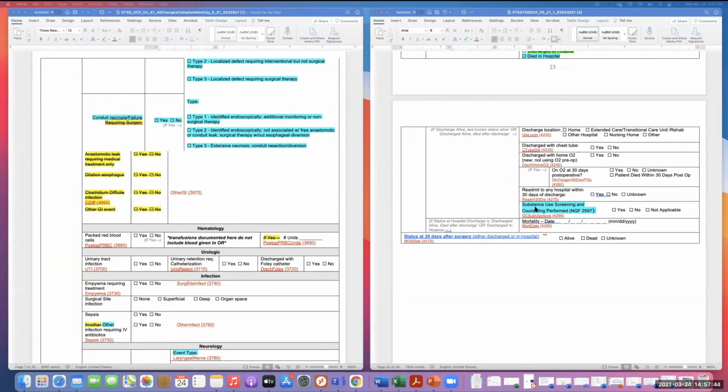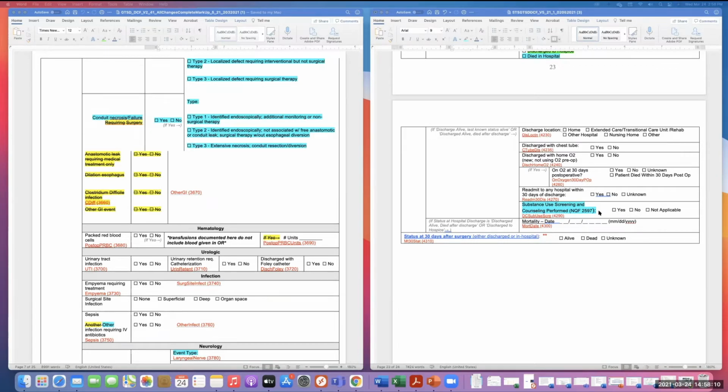If the patient screens yes to any of those 3, then the patient needs to be counseled on those that they screened positive for. If you don't screen the patient for all 3 of those, or if you screen the patient for all 3 and they came back positive and they were not counseled on what they were positive for, you would mark no, you didn't meet the measure.